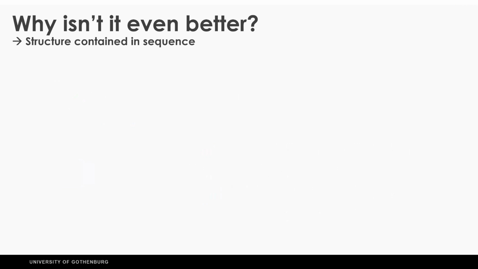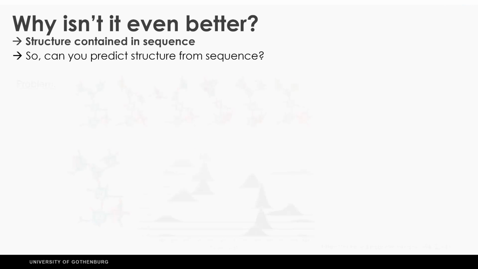It just makes it easier to provide it explicitly rather than implicitly in the sequence. But then, if you bring this argument to the end, you can say, if the structure is contained in the sequence, does that mean that we can predict structure characteristics from sequence? And that's sort of the last piece here that I want to talk about.